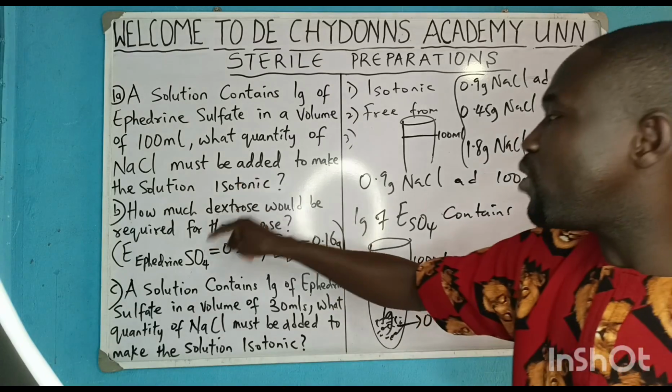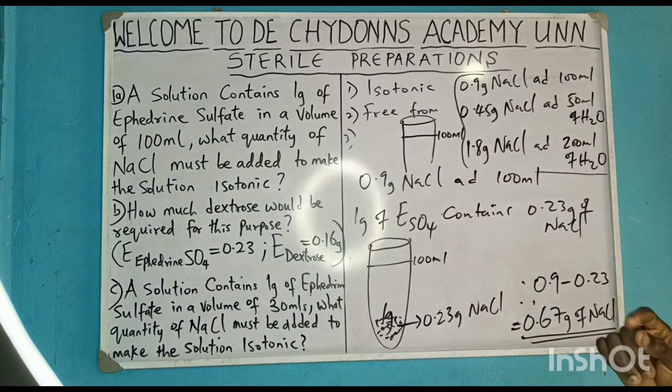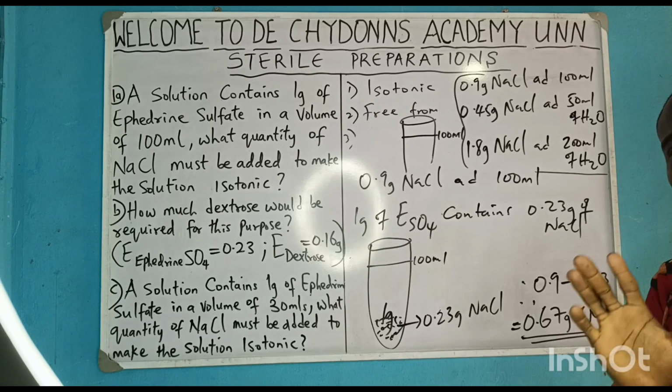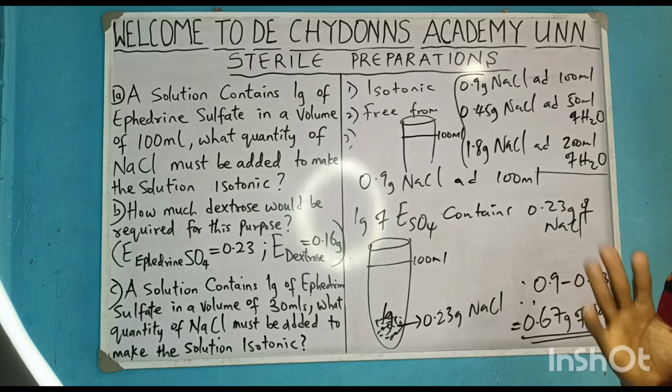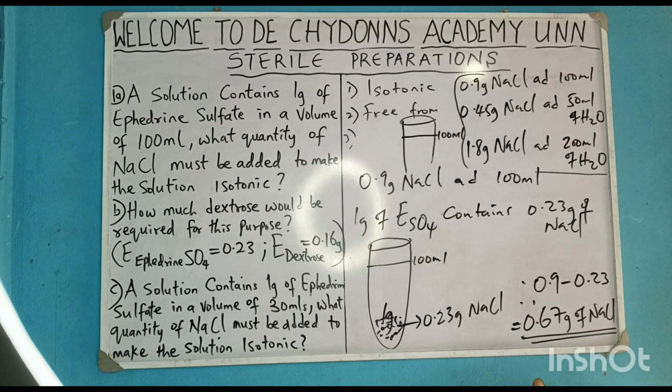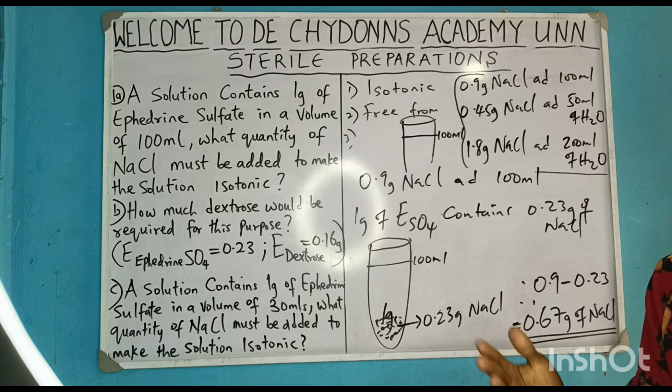Now, how much dextrose will be required for this purpose? It is important to note that there are what we call isotonic adjusters. We have many isotonic adjusters. Number one, boric acid. Number two, potassium nitrate. Number three, dextrose solution.